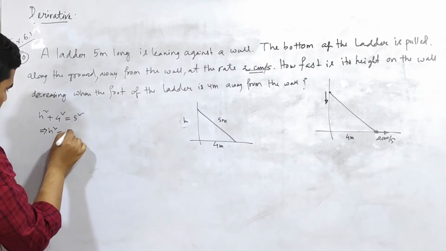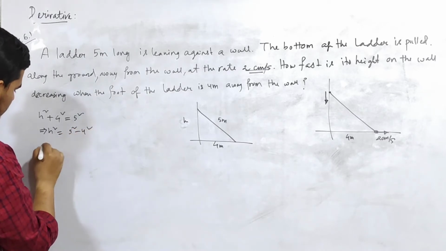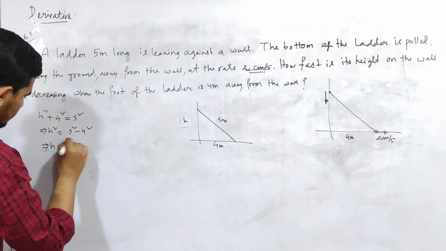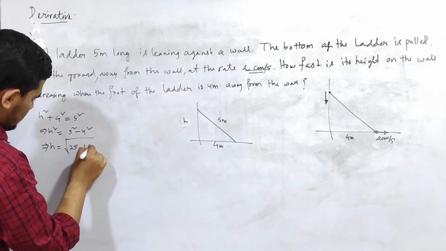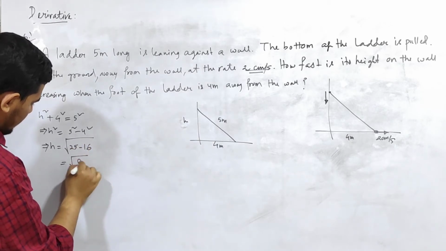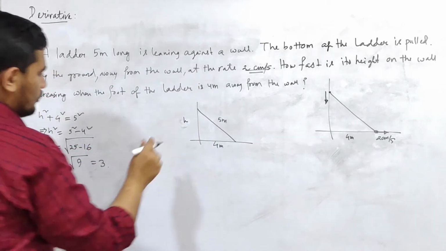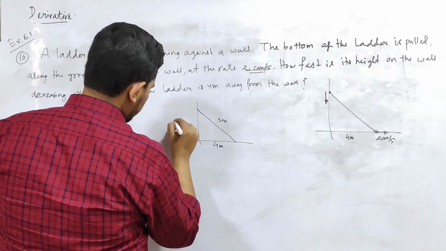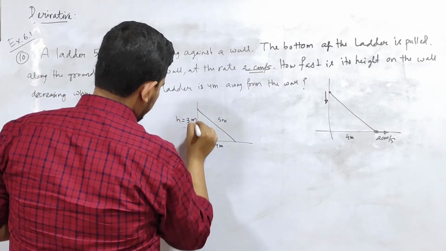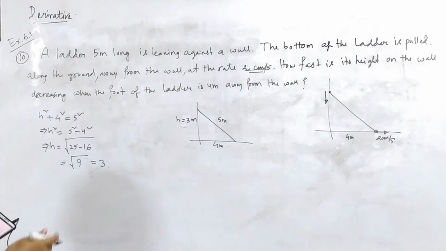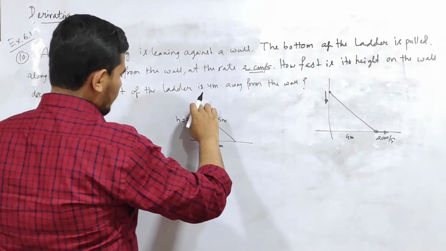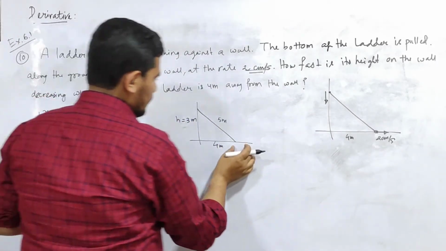So h square will be 5 square minus 4 square. So h will be root over 25 minus 16. So it will be root 9, which will be 3. So this h will be 3 meter.